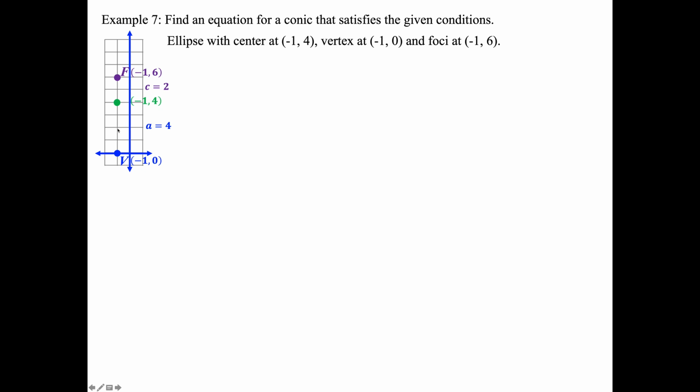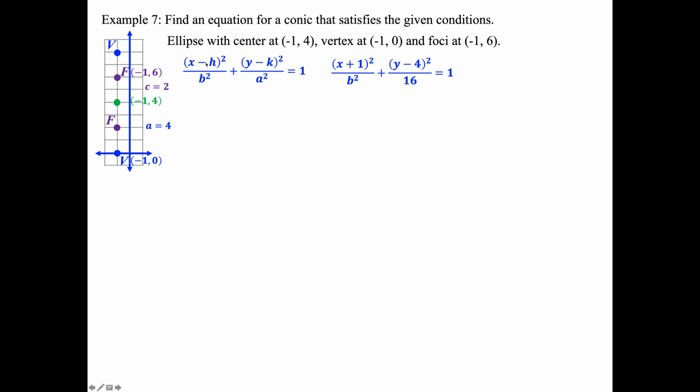Now, if you want to put in the foci down here and the vertex up here, you're more than welcome to, but it's not necessary. We did this just to find the value of a and c, and you'll be solving for a lot of b squareds here. So let's put in our general form, x minus h, y minus k format. Negative 1 goes in for h, 4 goes in for k, and 4 squared for a squared, so that'll be 16.